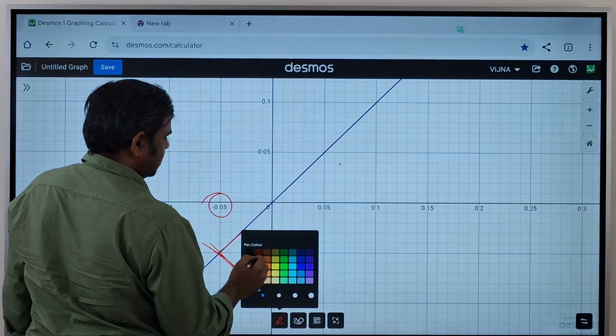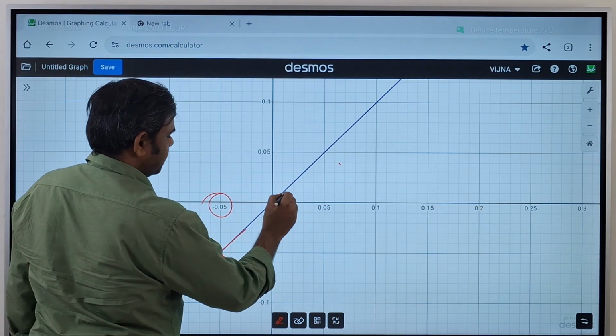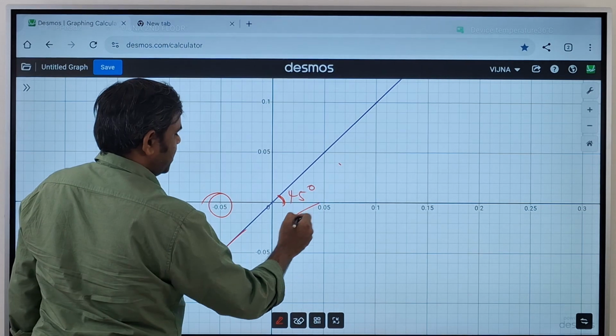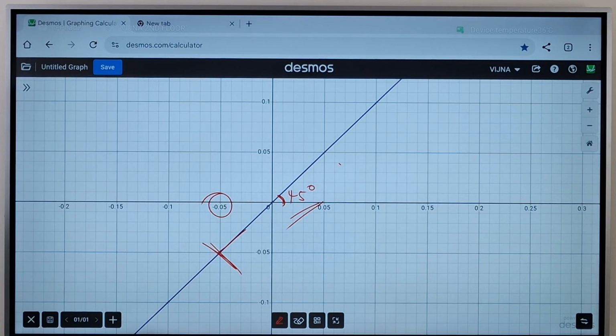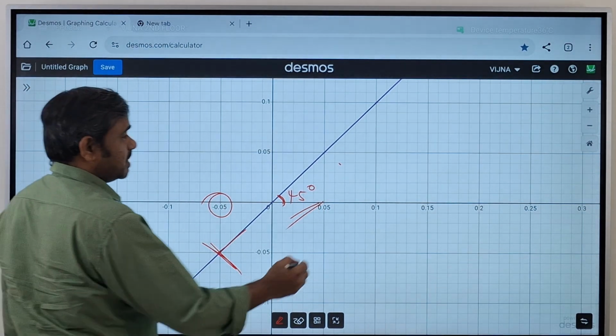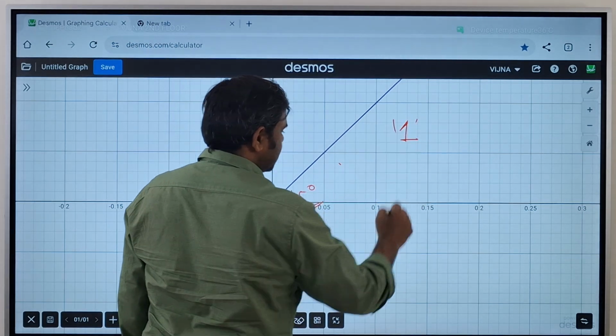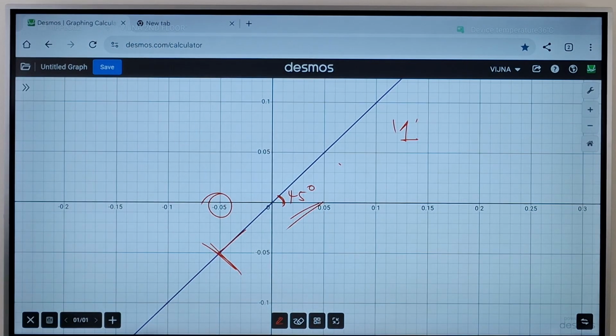The graph is drawn along the diagonal of the square. The graph is making an angle of 45 degrees with the x-axis. So slope is equal to 1, tan 45 degrees. Slope is equal to 1.